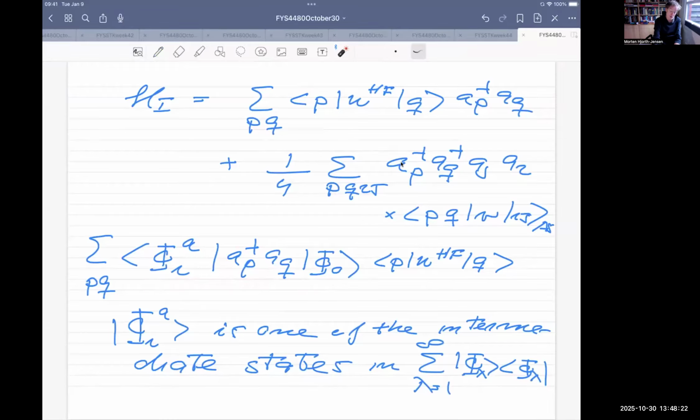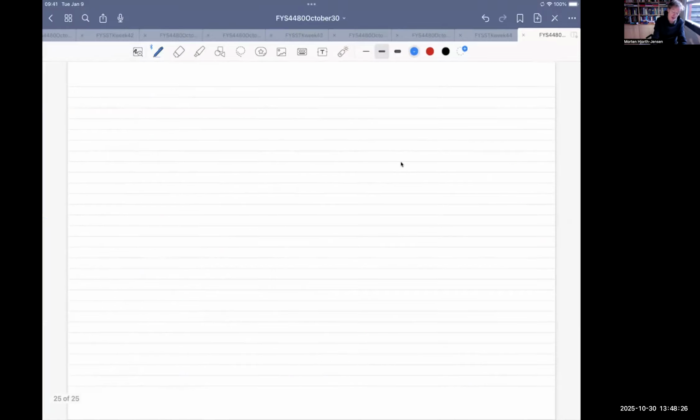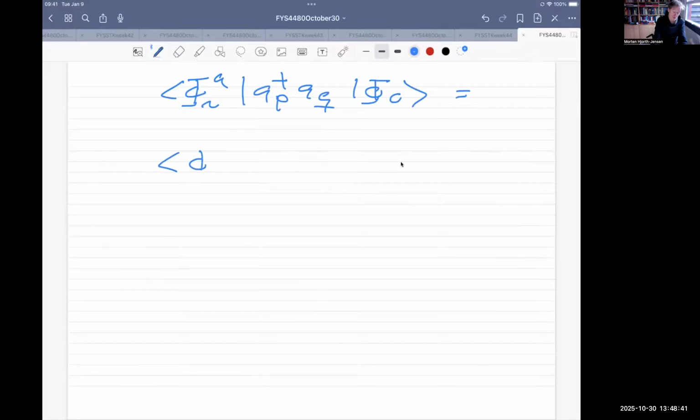And when we now set up the contractions, we just pick these specific states here. We've already done this, so I'm just repeating some of the things which we found before. This is nothing but ⟨phi_0| a_i† a_a a_p† a_q |phi_0⟩, a one-particle, one-hole state.